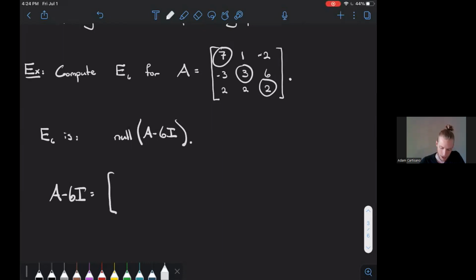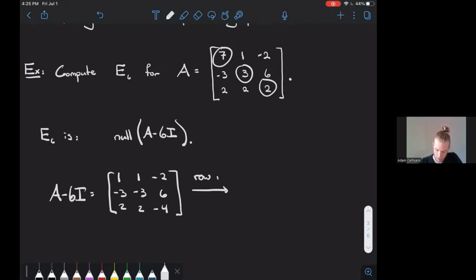But it gives this matrix: 1, 1, negative 2, negative 3, negative 3, 6, 2, 2, negative 4. If you augment that with the zero matrix and row reduce, I'll just row reduce this thing, because remember, row reduction is not going to change the columns in the augmented part of the homogeneous system.